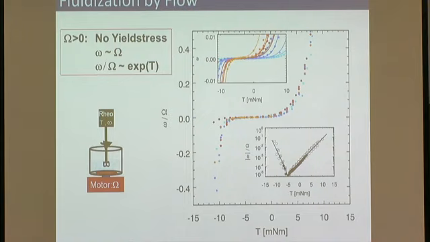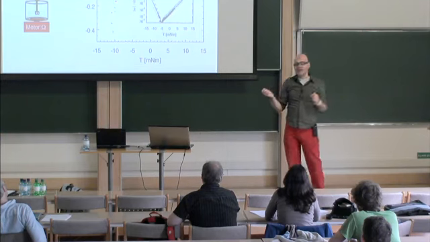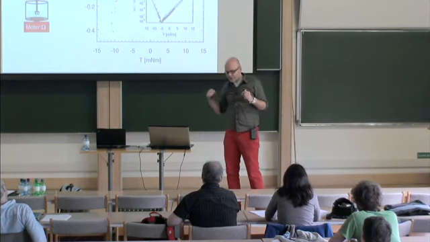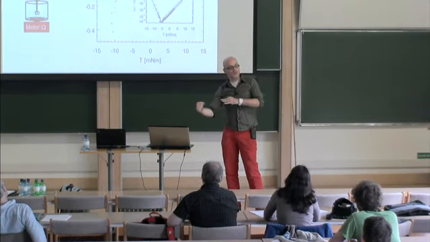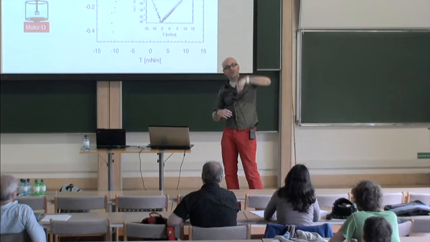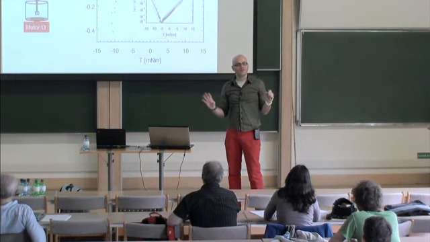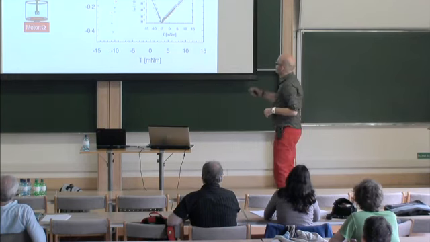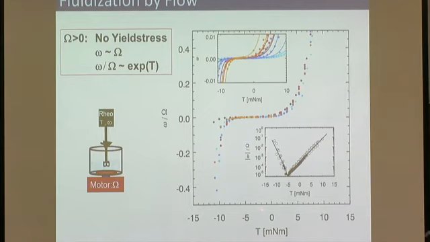You first have to take the modulus. And what you see is that there's essentially no yield stress. This is an exponential curve, and this is another exponential curve. And again, there is no threshold, right? So once I agitate my system by having flow somewhere in the system and probing further away what the rheology is, I immediately get rid of the yield stress. So even for very small stresses, the system is flowing, okay?